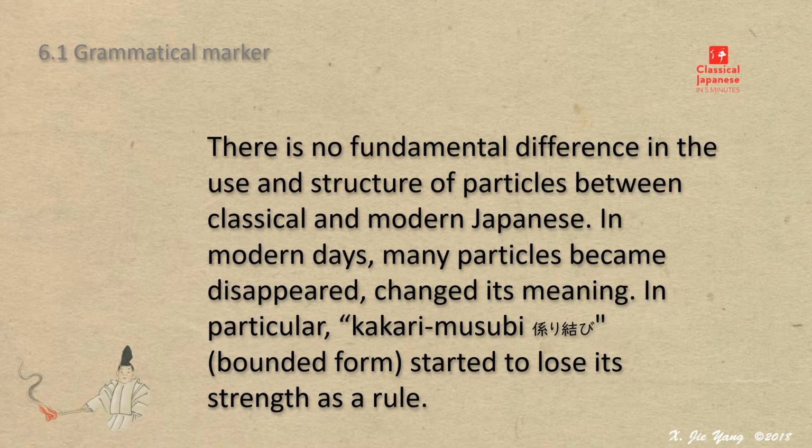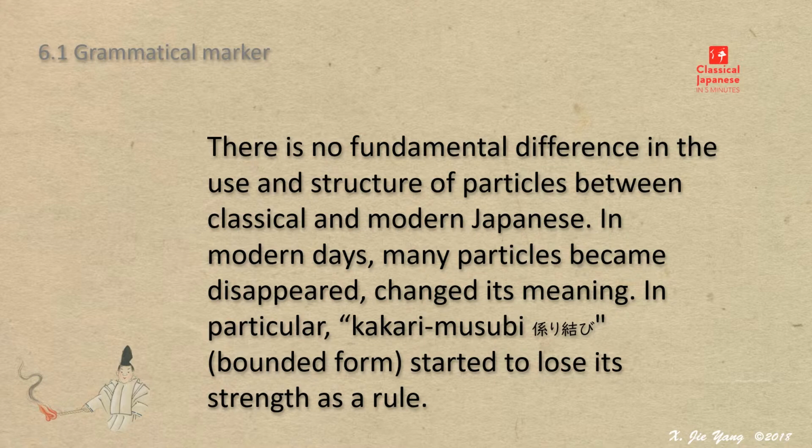Between classical and modern Japanese, there are few fundamental differences. The structure of the use of particles, as well as the basic meanings for most particles, remain today. However, we could point out two issues here. We can observe the language changes.